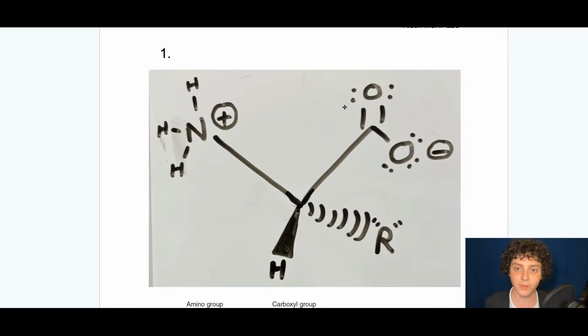So, to expand on that a little bit and connect it to why this is the definition of an amino acid, this part of the molecule is going to act as an acid. And this part of the molecule is an amino group. So together, they make up the basis of why we call these kinds of molecules amino acids.